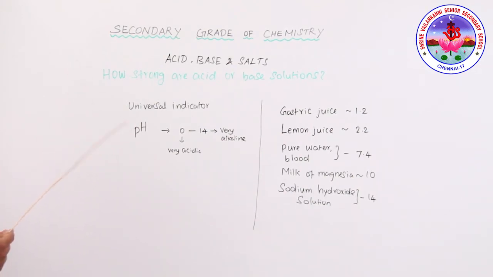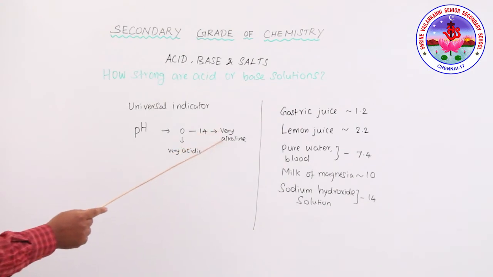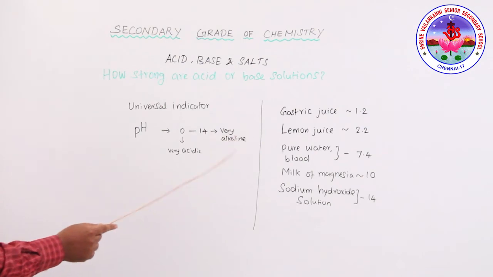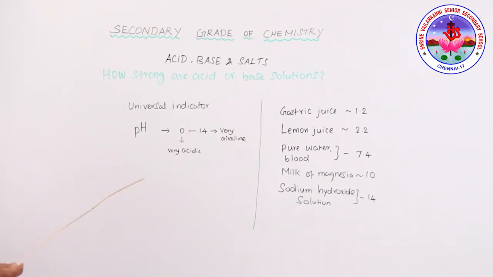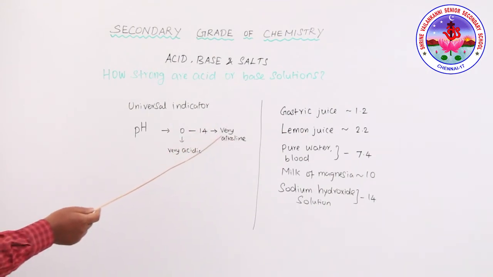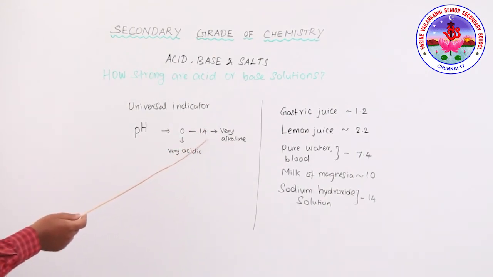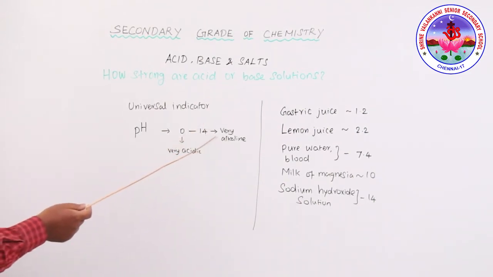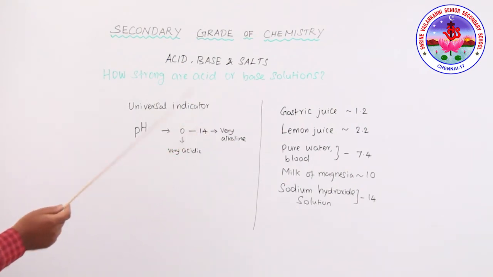Generally the pH scale is from 0 to 14. 0 indicates very acidic and 14 indicates very alkaline, that means acid and base. Depending on the pH value, we can tell the strength: a higher concentration of H+ means a strong acid, and 14 means a strong base. Similarly, a lower concentration means a weak acid, and in a base solution a weak base.